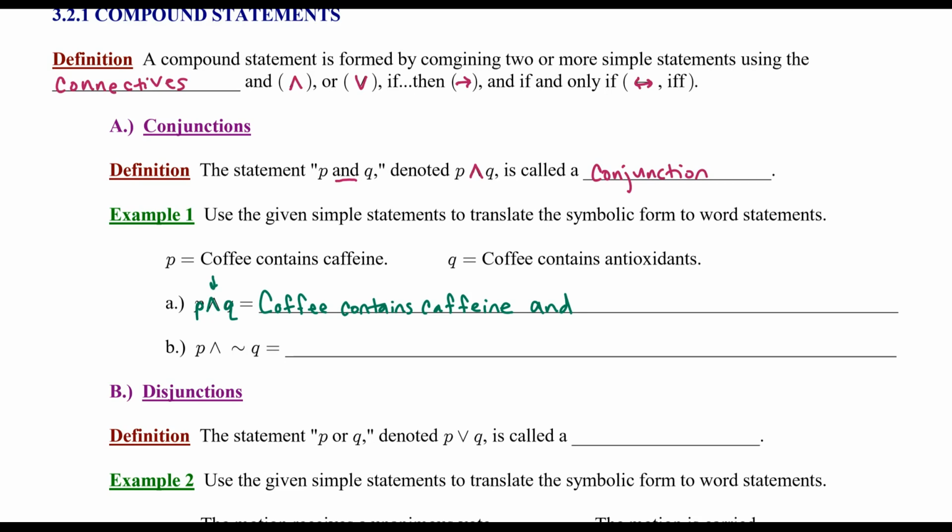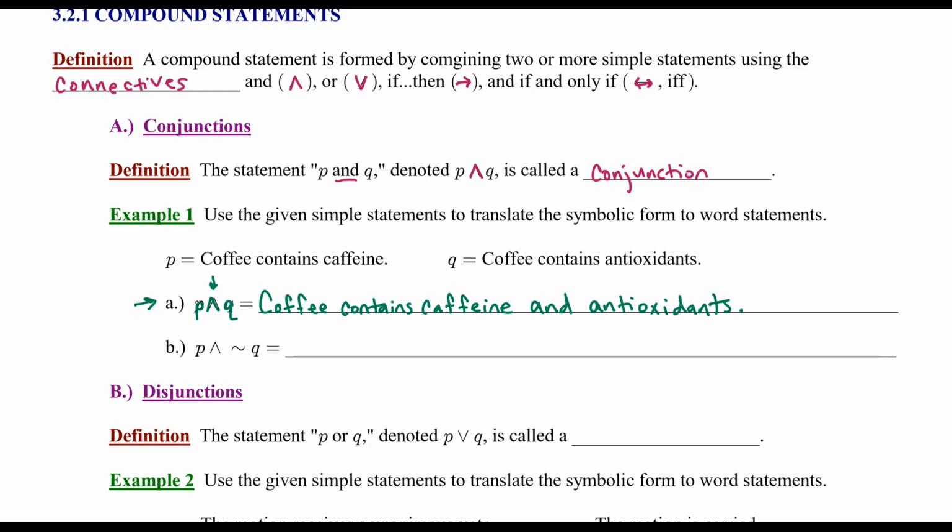Now, it's not absolutely necessary to write the entire statement to correctly translate the symbolic form. I can shorten it. English language gives us that freedom. We can simply say and antioxidants. Now, it would still be correct to write coffee contains caffeine, comma, and coffee contains antioxidants. That would be a correct English translation of the symbolic form. But again, coffee contains caffeine and antioxidants is a sufficient translation of that symbolic form.